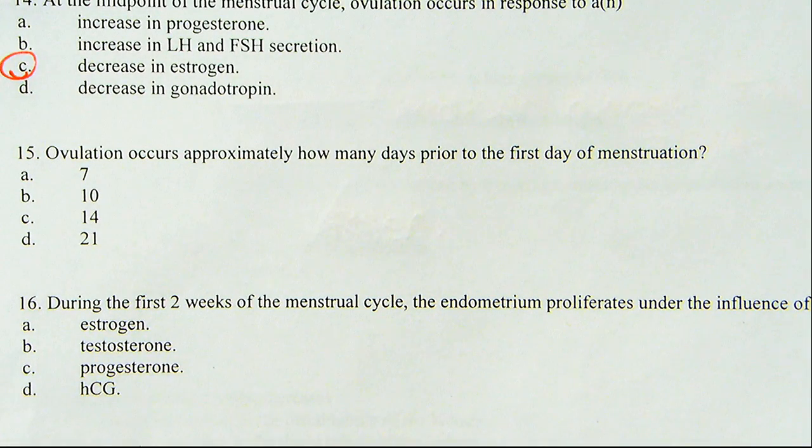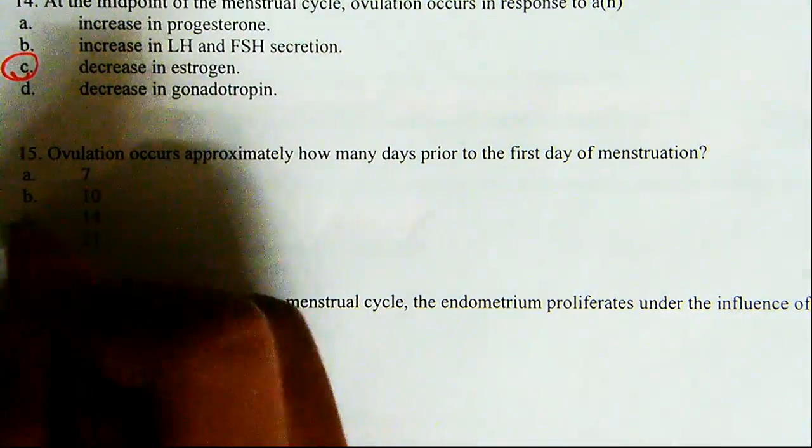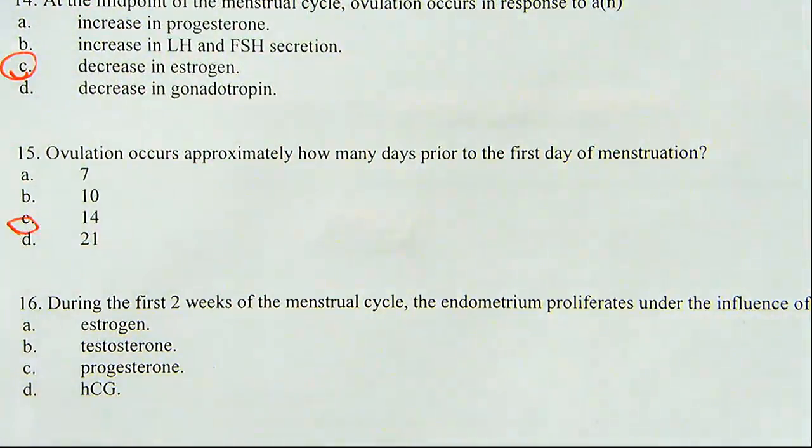So ovulation occurs approximately how many days prior to the first day of menstruation? It will be C. Remember day 13, 14, and 15 for ovulation to occur.